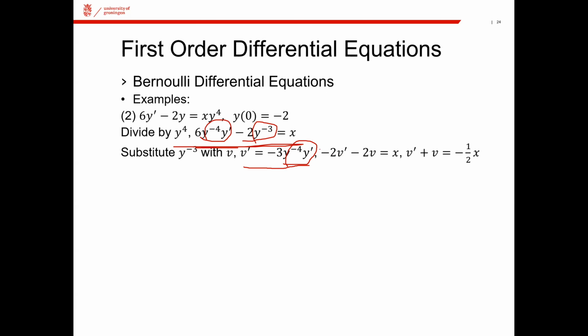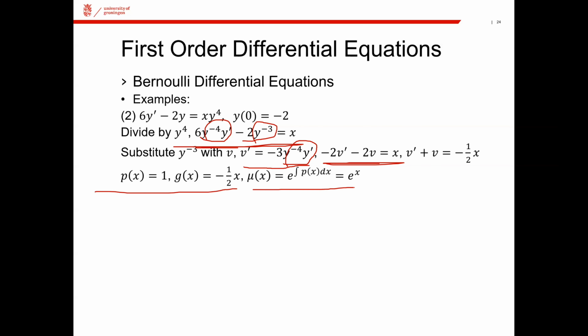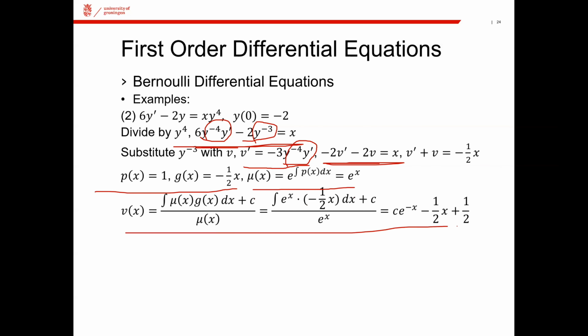And then we will have this new equation and apply the formulas for p(x) and g(x). Since we have p(x) and g(x) now, we can apply the formulas to get mu(x) and v(x). This is the solution.